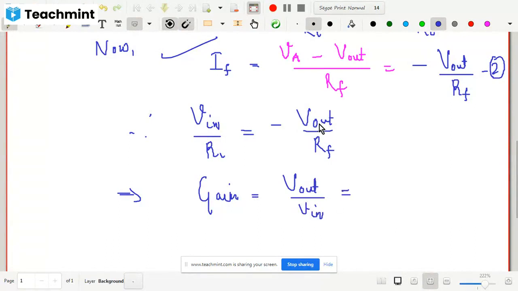Now what is V_out by V_in? If you take V_in to this side, R_F to the other side, and the negative sign along, you will get minus R_F by R_i.